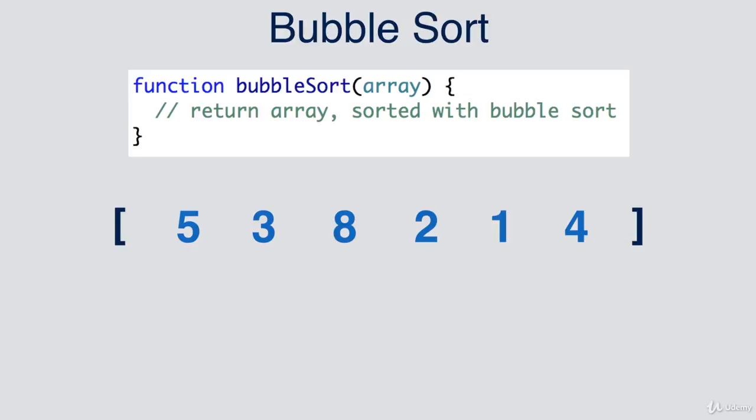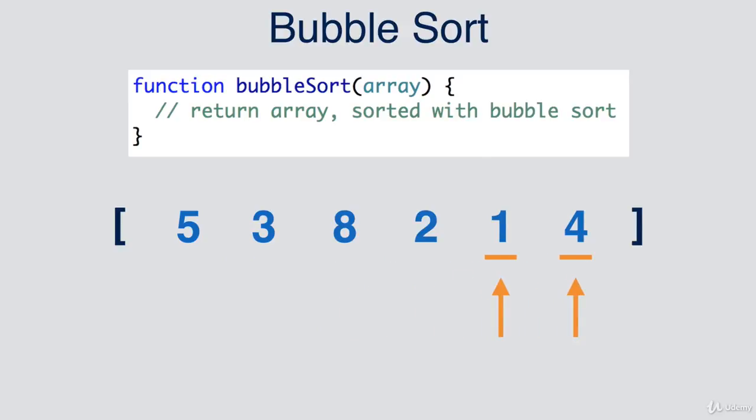As we loop through the array, we compare each number with its neighbor to the right. So in this case, we would start at the first number, 5, and compare it with 3. Then we would compare 3 and 8, then 8 and 2, then 2 and 1, and so on.